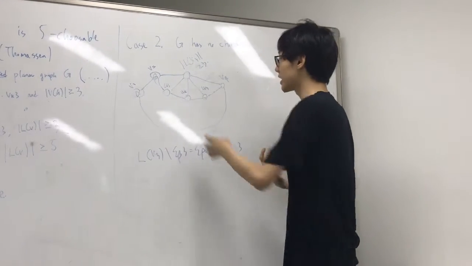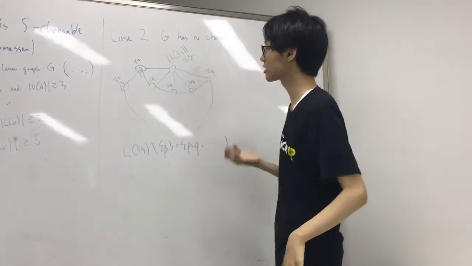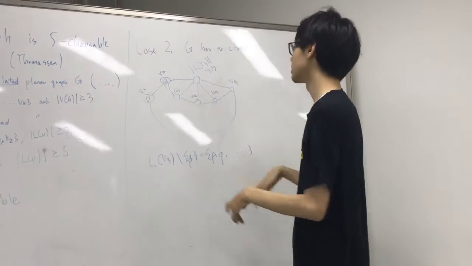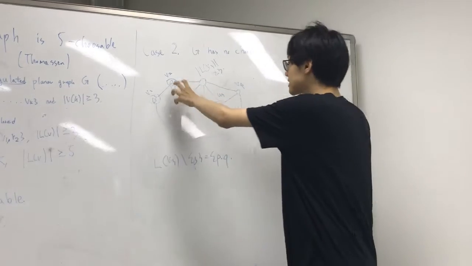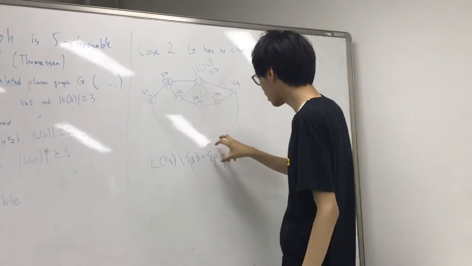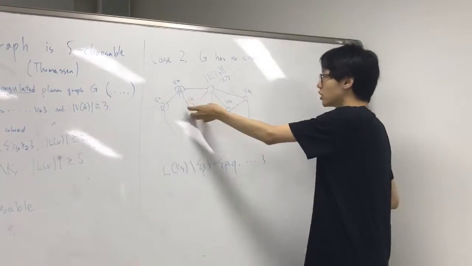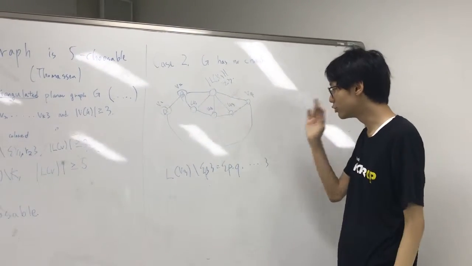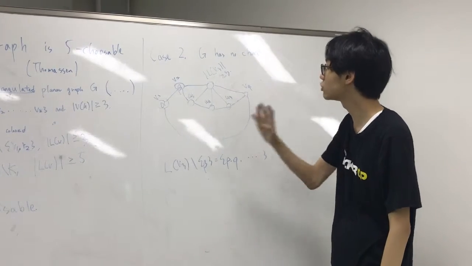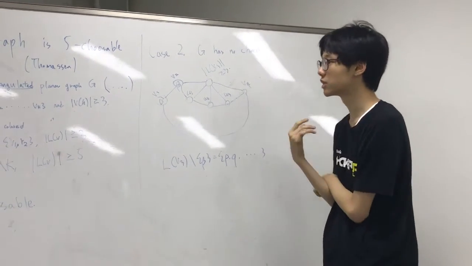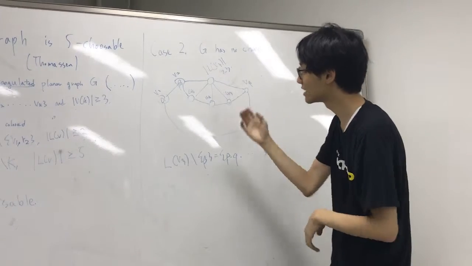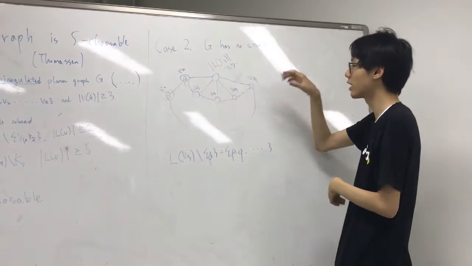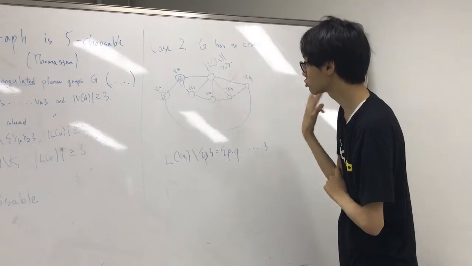As we said, all vertices W are not in the outer face, so their lists are of size at least 5. Then it's safe to remove those 2 colors P and Q from those lists. So for the lists of W1, W2, W3, we remove the colors P and Q. Then their size decreases to at least 3.